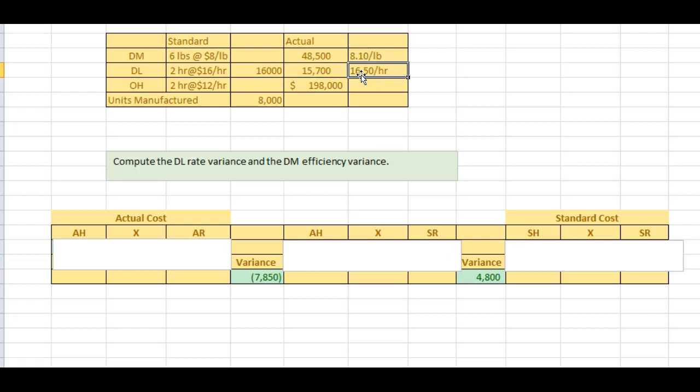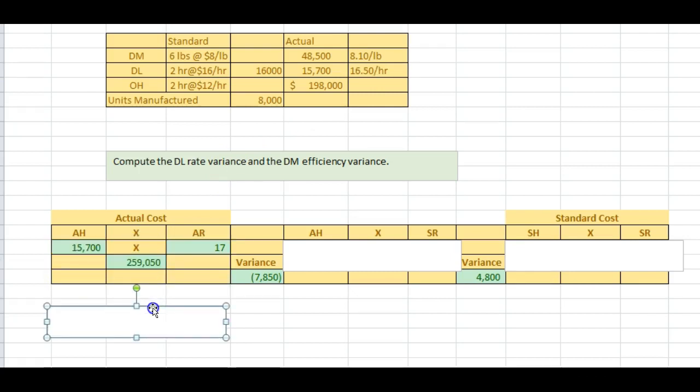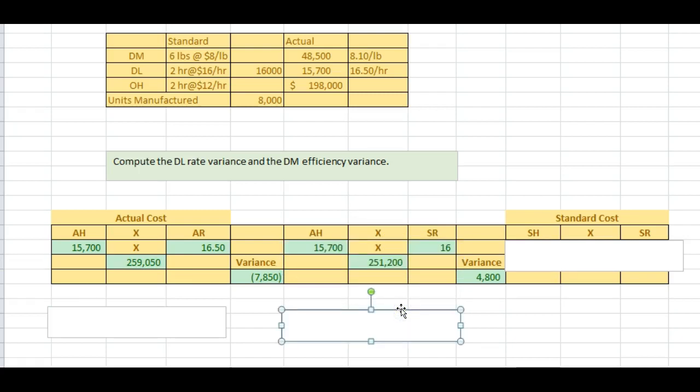In this case, we don't know what our variance is. So let's look. The actual cost was 15,700 times $16.50. So we actually paid $259,050.